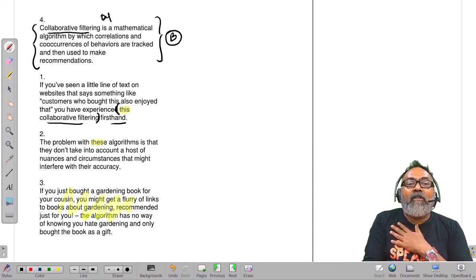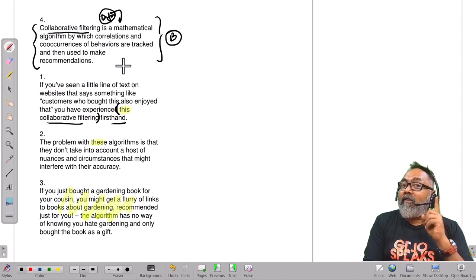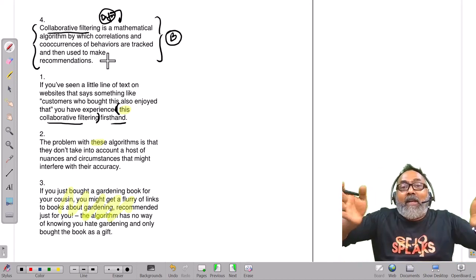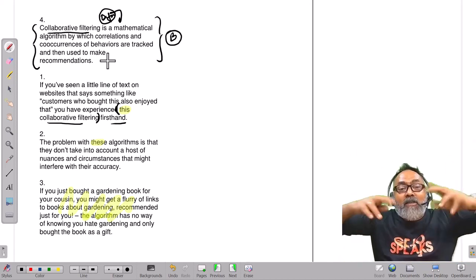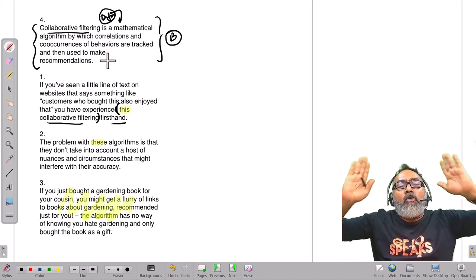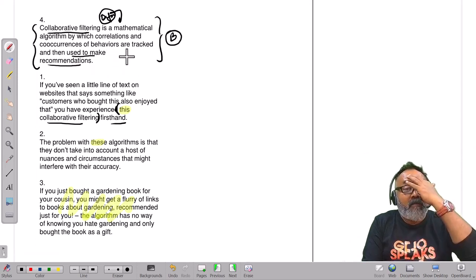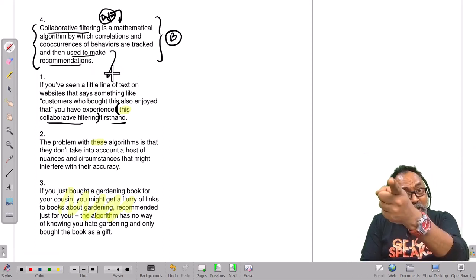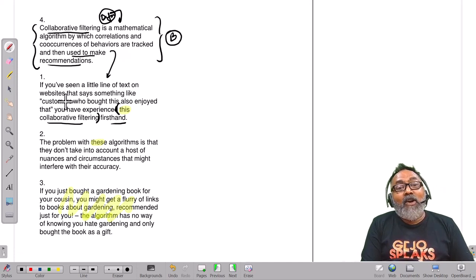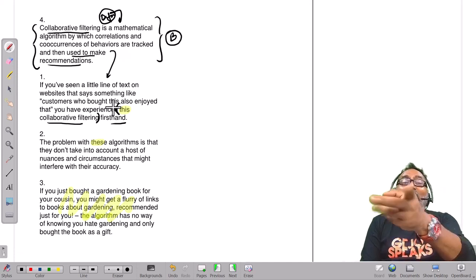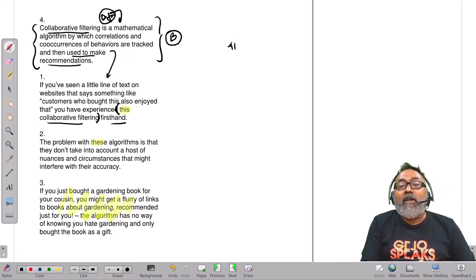Kind of a definition, right? Again, we are seeing a definition, something that is defining it. Collaborative filtering, a mathematical algorithm by which correlation, co-occurrence are tracked, and then used to make a recommendation. First, something is tracked, then a recommendation is given. You would have seen this if you have seen a little line, or customers who bought this also enjoy that. Okay, and understand this. So 4 1 put together is explaining what collaborative filtering is.